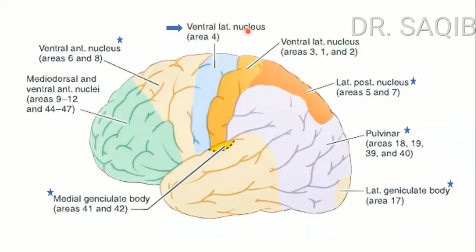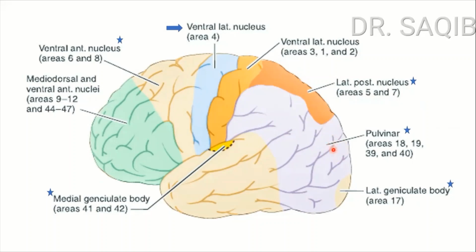And then the lateral posterior nucleus projects to areas 5 and 7.